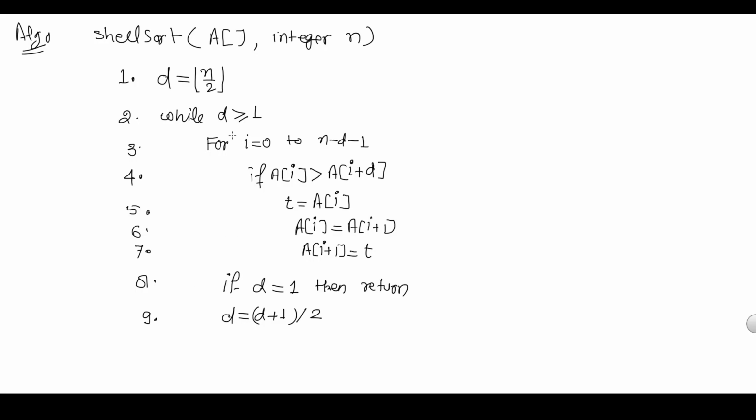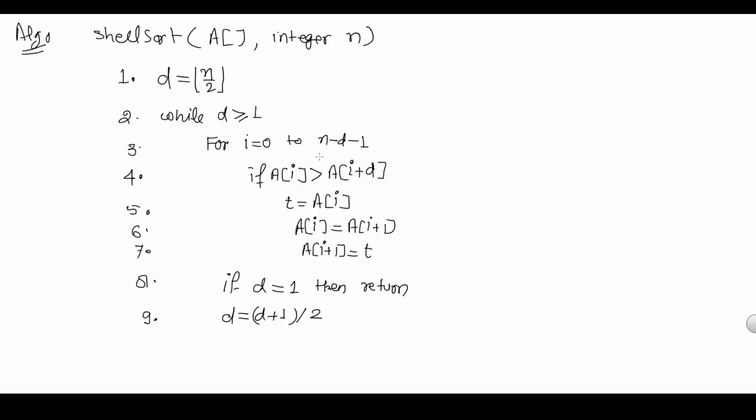Now see here, by taking the previous example, the first time d was 3. So 3 was greater than or equal to 1 in our previous example. So we will come here and compare the values, that is the first value with the value which is 0 plus 3, that is d distance away, so a[0] will be compared with a[3].